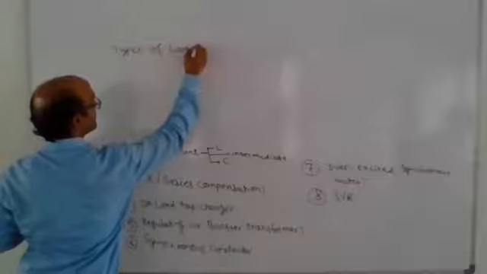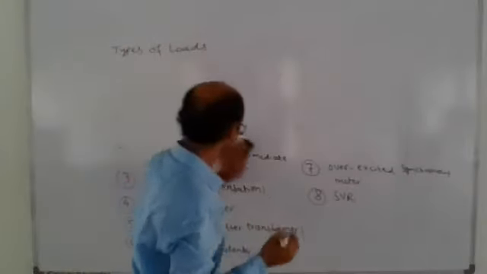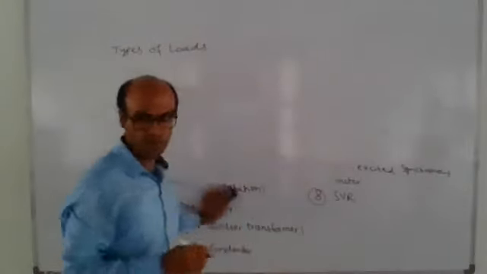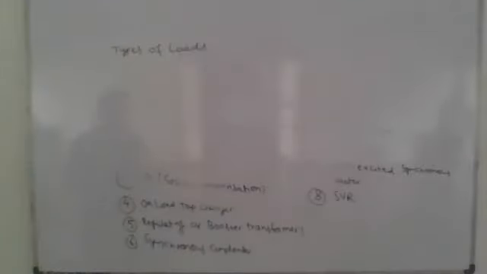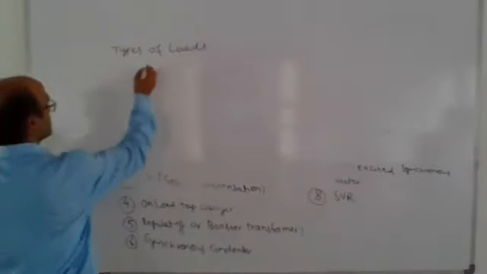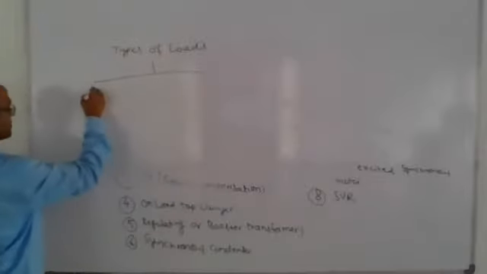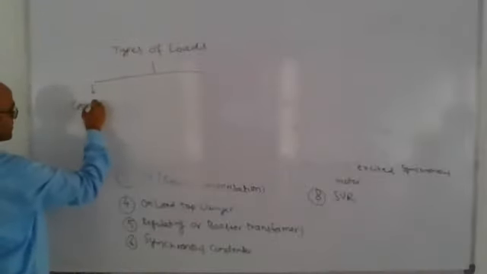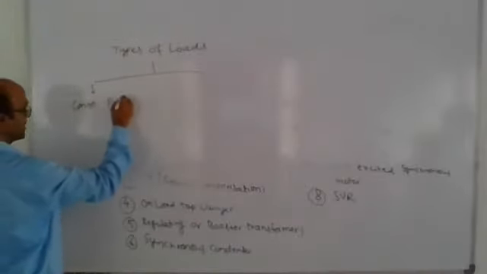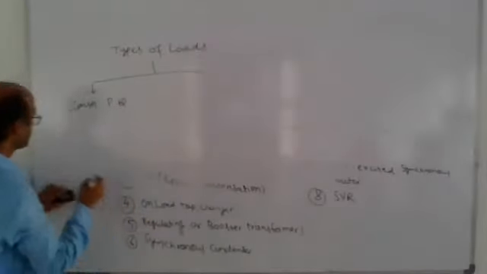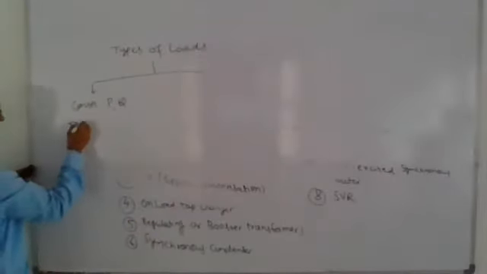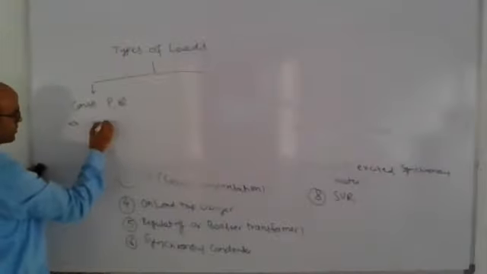Types of loads. There are three types of load which I have discussed with you. First one is constant P and Q, constant real power, reactive power load. What is the example of this load? Example is motor load.